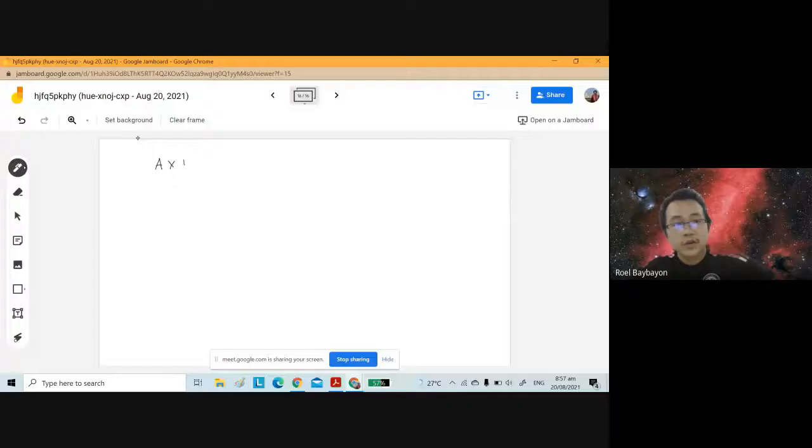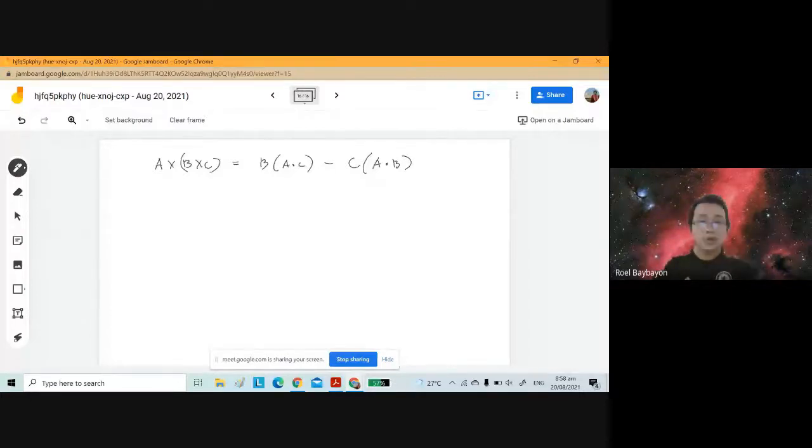A cross B cross C is equal to B A dot C minus C A dot B, using the Levi-Civita symbol. We are going to prove this term also.